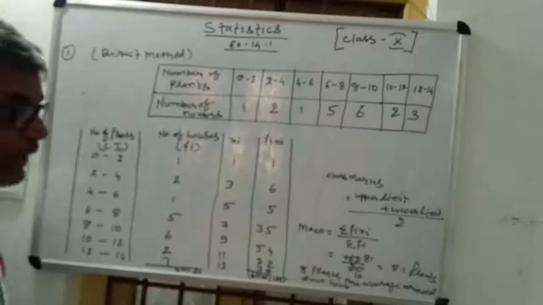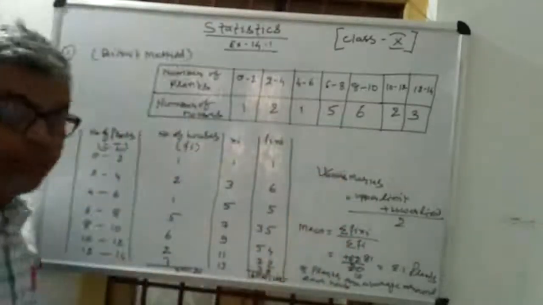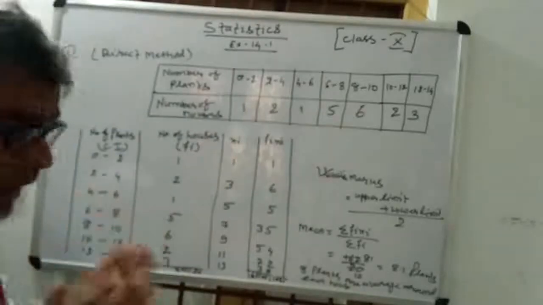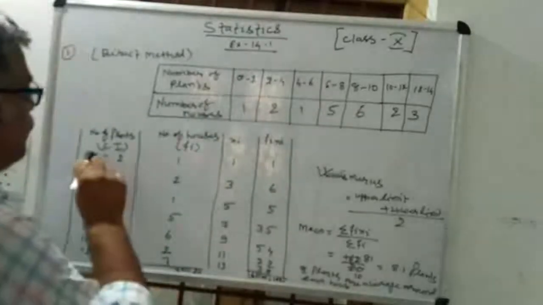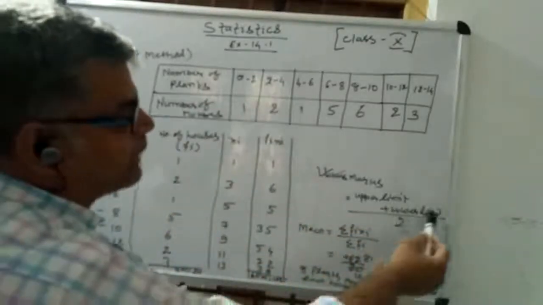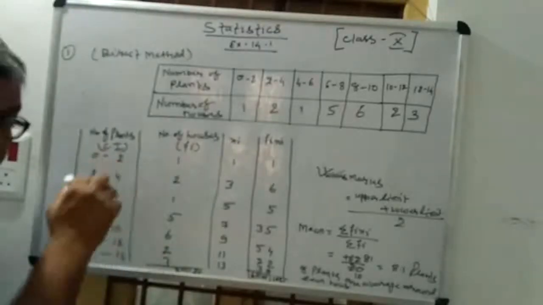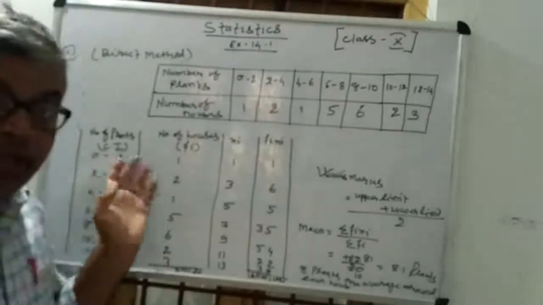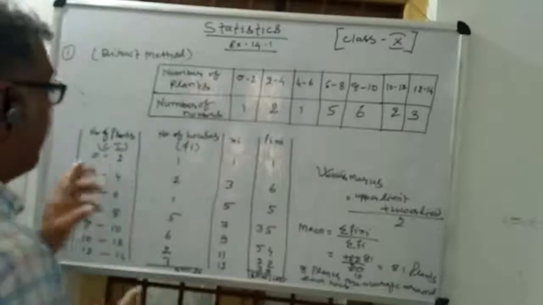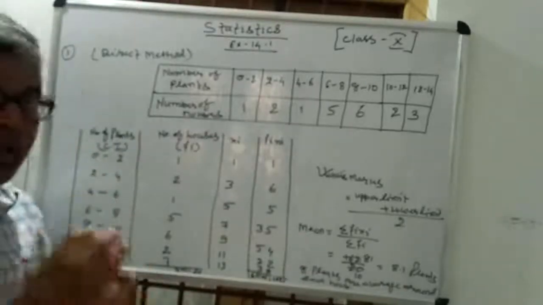Now thereafter we need a formula for class marks. We first calculate the mid value of the class marks. So for 0 to 2, the class marks formula is upper limit plus lower limit by 2. The right hand side part of the class interval is called the upper limit, and the left hand side part of the interval is called the lower limit.